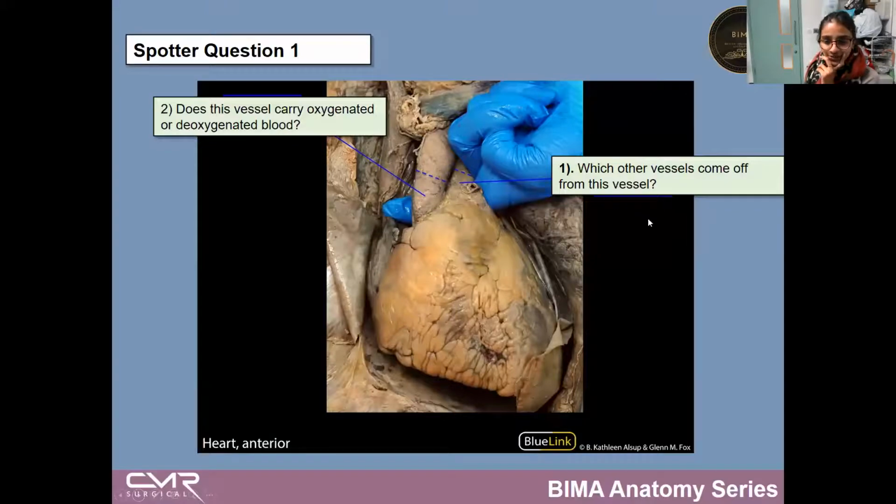So, question 1, which other vessels come off from this vessel? First of all, let's identify what it is. So looking at it from this view, if you imagine the blood's coming down your left atrium, left ventricle coming up into this vessel.